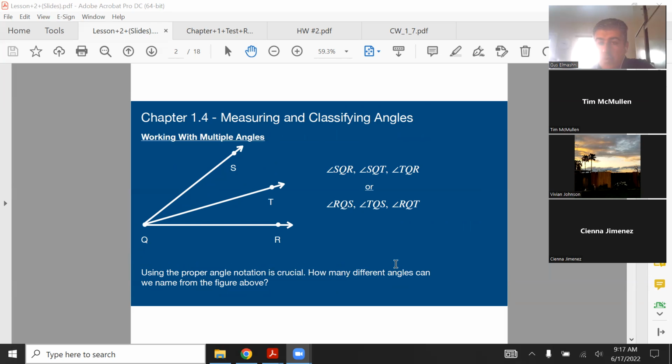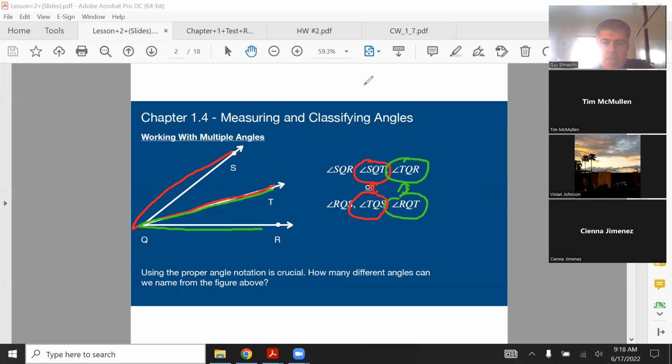Now, we will have to work with multiple angles. So obviously, you have angle SQT here. And let's use a different color. We'll use green. You have TQR right here. Now notice that TQR and RQT are the same. They reverse the T and the R, but the Q is still in the middle. Also, SQT and TQS are the same.